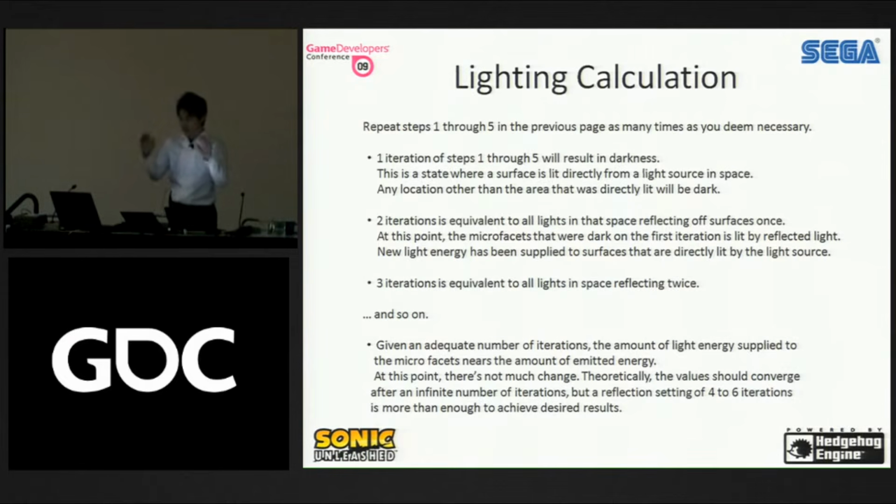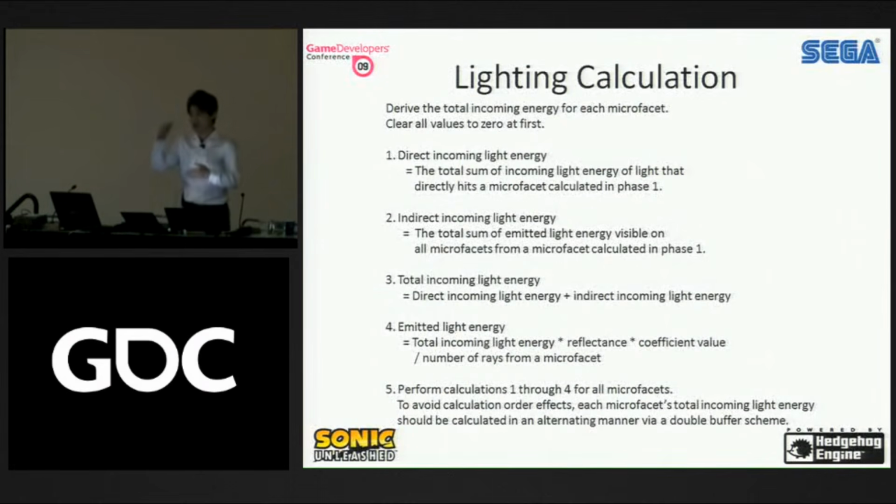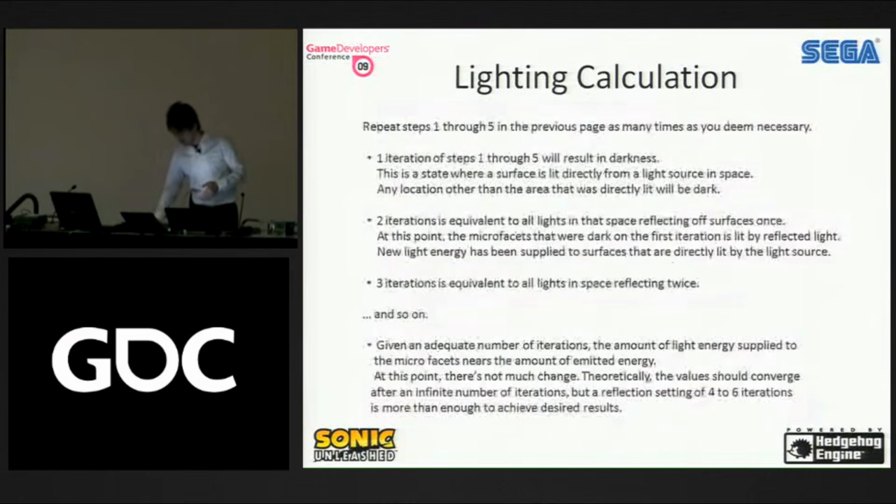One iteration of steps 1 through 5 will result in darkness. This is a state where a surface is lit directly from a light source in space. Any location other than that area will be dark. Two iterations is equivalent to all light in that space reflecting off surfaces.